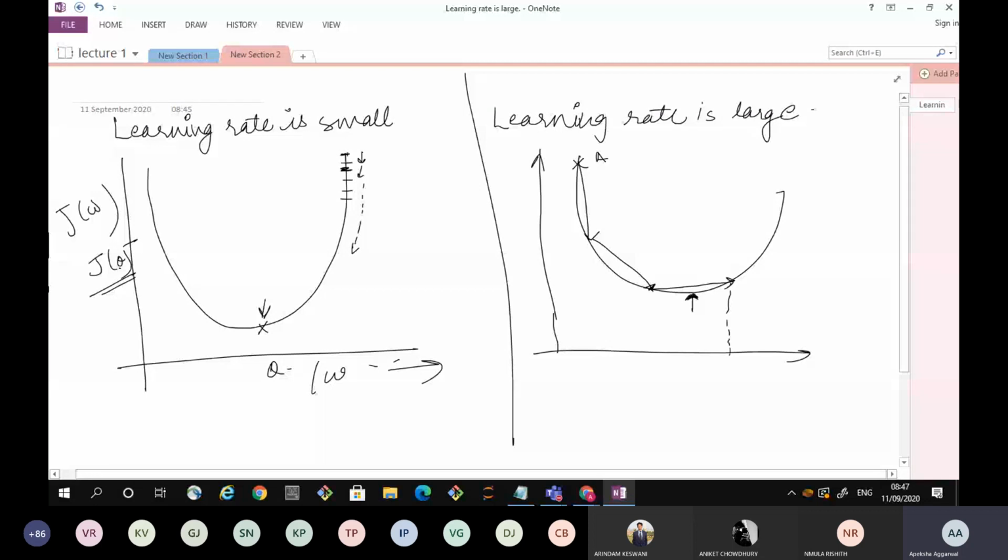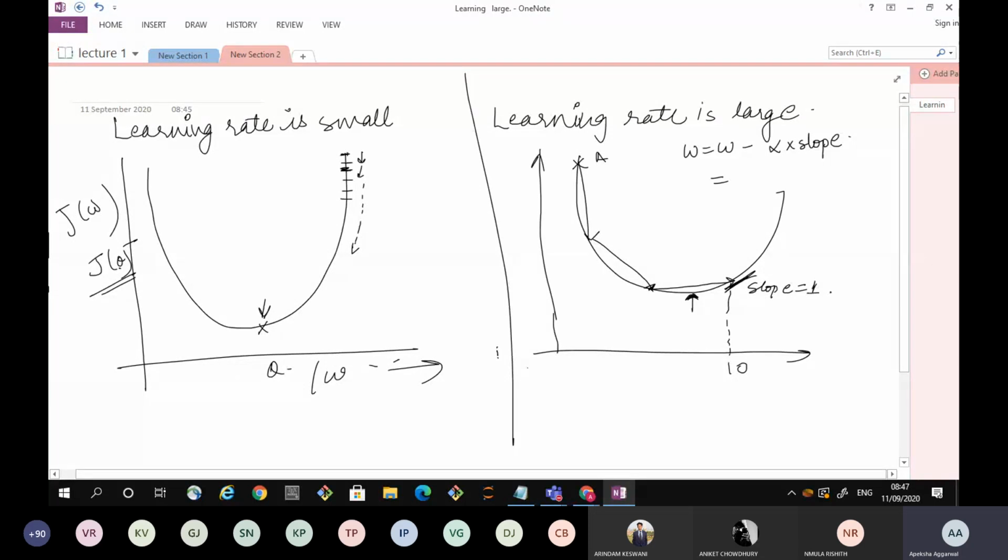Suppose I am at a point, let's say w is 10, and let's say the slope is 1 at this point. If I'm updating my weights, it is weight minus alpha into slope, right?